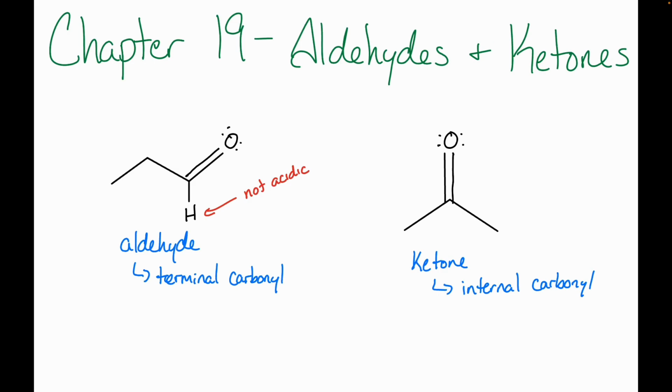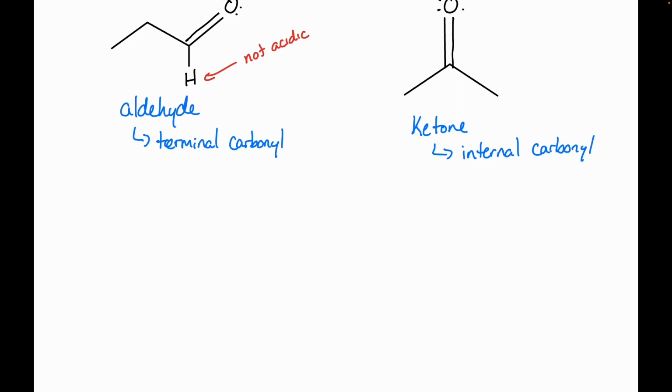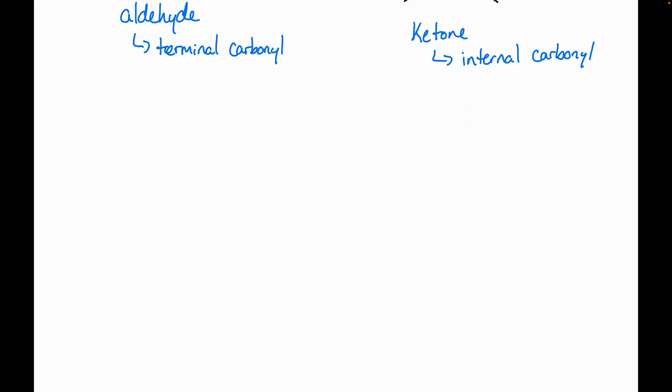All right, so two main uses for aldehydes and ketones in the lab. One of which is, objectively, the most commonly used organic compound that we use in this lab, which is what? Acetone, absolutely. So one big feature of aldehydes and ketones in the lab is as a solvent.